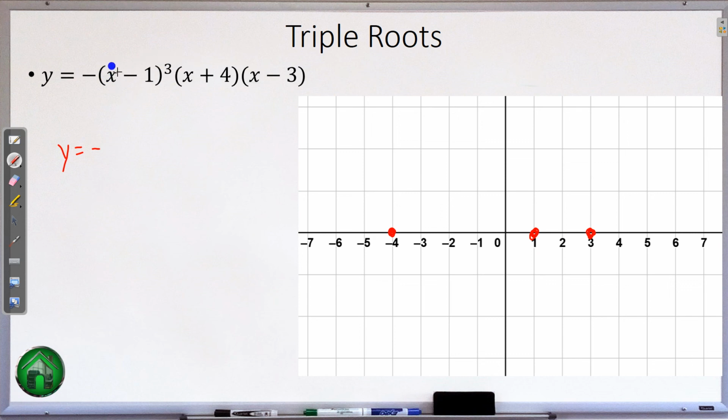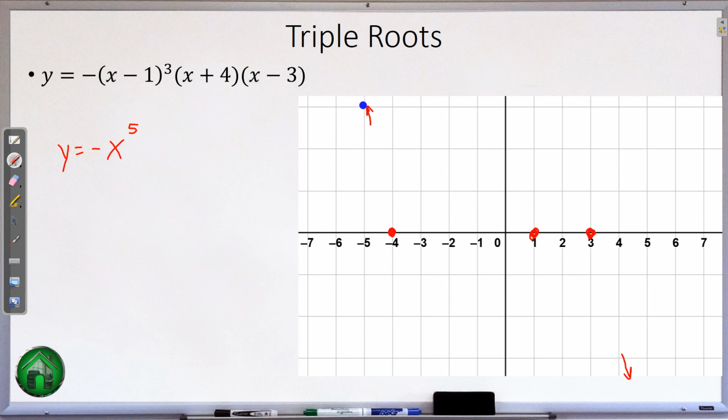So there's 3 of them. 3, 4, 5. So this is an x to the 5th power. And it's negative. So that means my end behavior will be diagonal from each other. One of them will be going up on top left and bottom right. All right, because that cubic or that odd degree has been flipped.